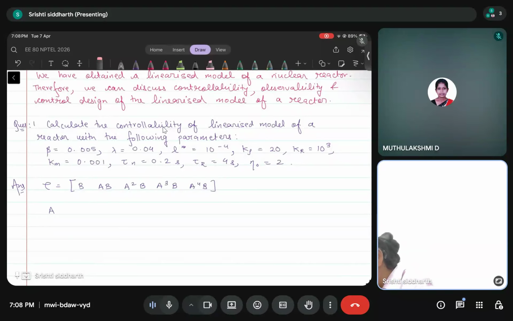So let's calculate this quantity first. So beta over L star is 5 into 10 to the power minus 3 upon 10 to the power minus 4. This is 50. So lambda is already given. Then we have K rho beta 0 over L star. And this is 20 into 2 over 10 to the power minus 4.